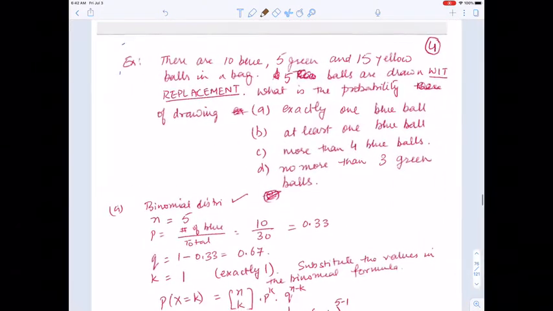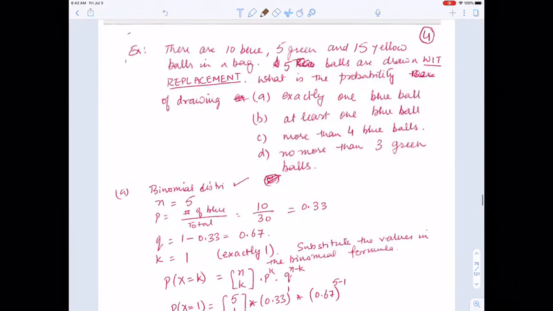So if you can quickly do this question on page number 4. I've already done part A for you.